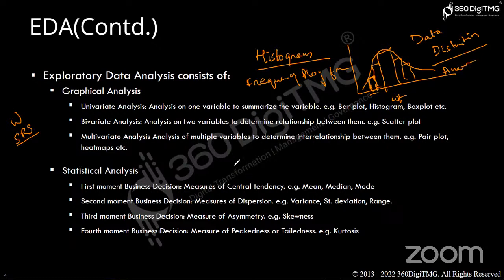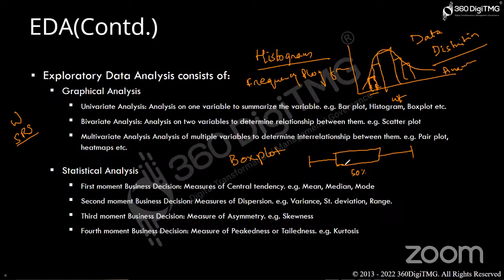Third, we have something known as a box plot. This is also a univariate analysis. In this, we draw something like this. The middle part, the box, contains exactly 50% of the data.